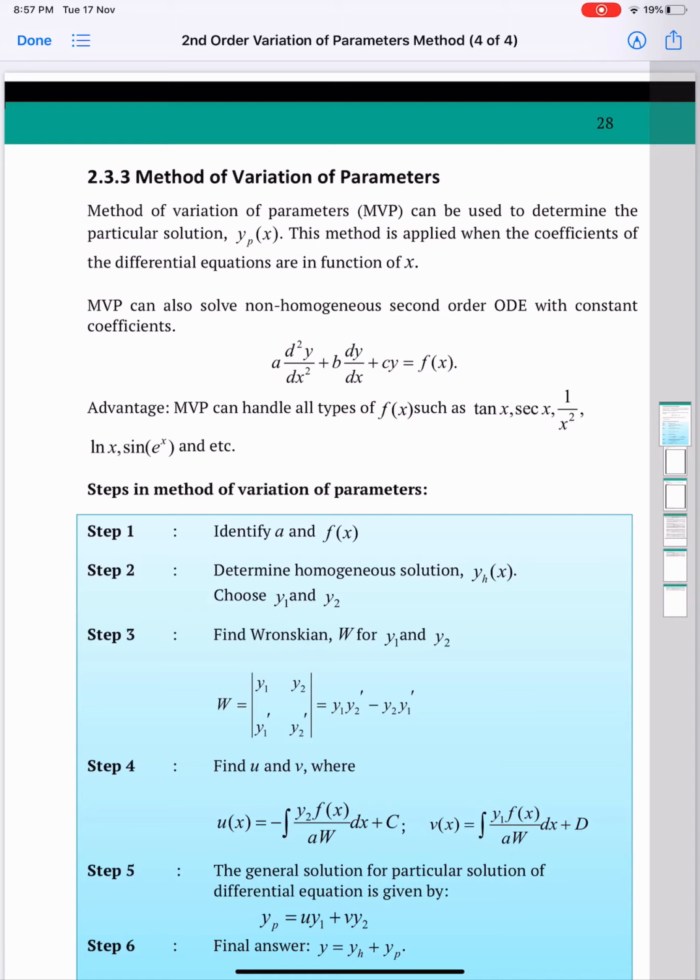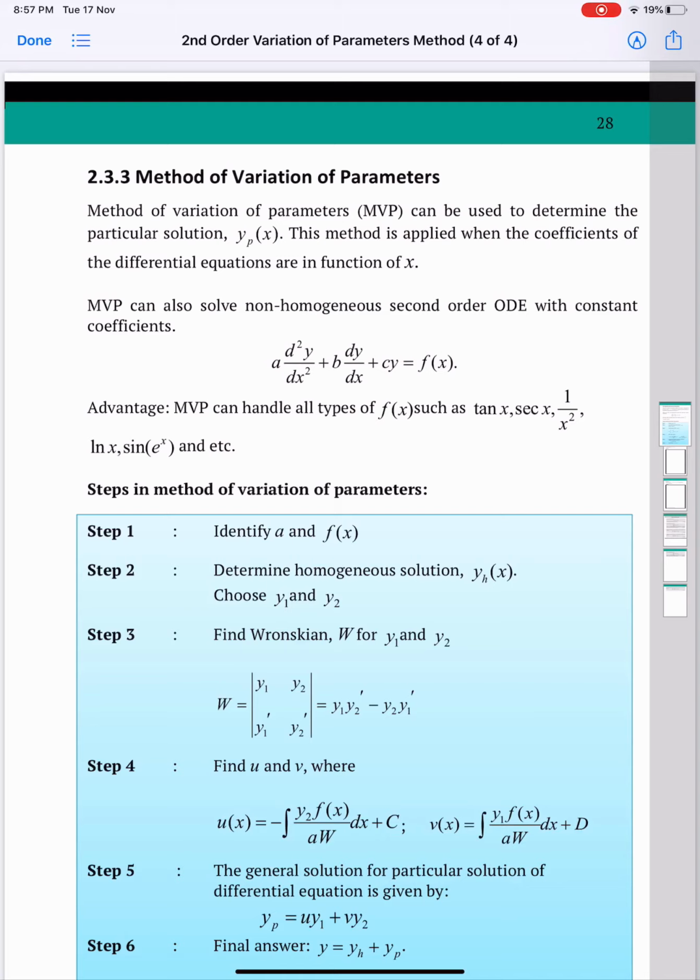However, when your f(x) is other than those three cases, such as tangent x, secant x, or 1 over x squared, or ln x, it will be quite complicated to use the method of undetermined coefficients.